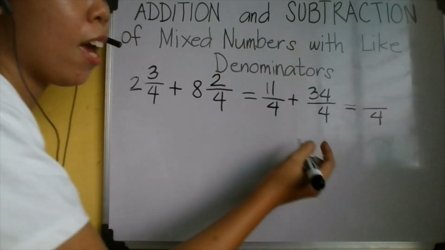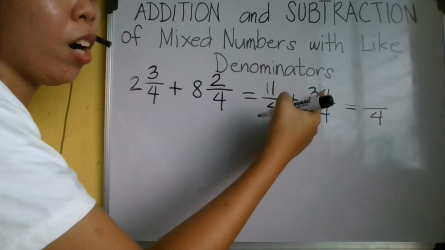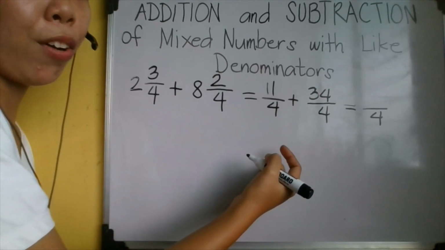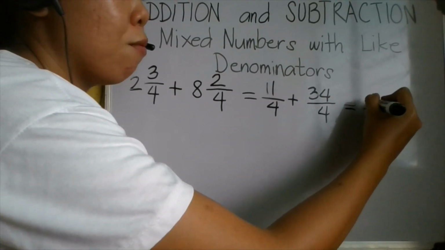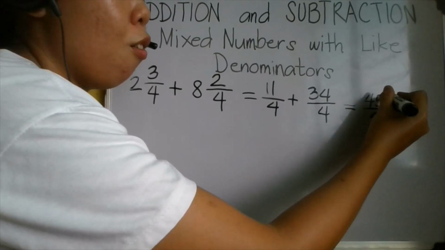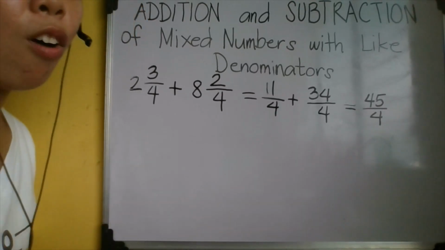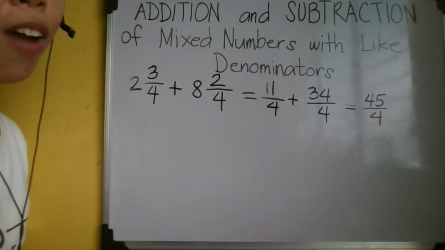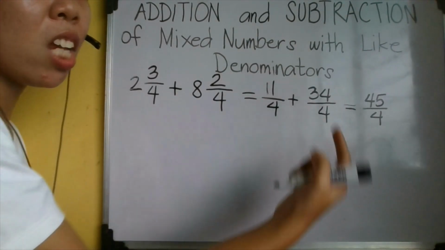Then add the numerators. 11 plus 34 is 45. So we have 45 over 4. 45 over 4 is an improper fraction, so we need to reduce this by changing it to a mixed number.